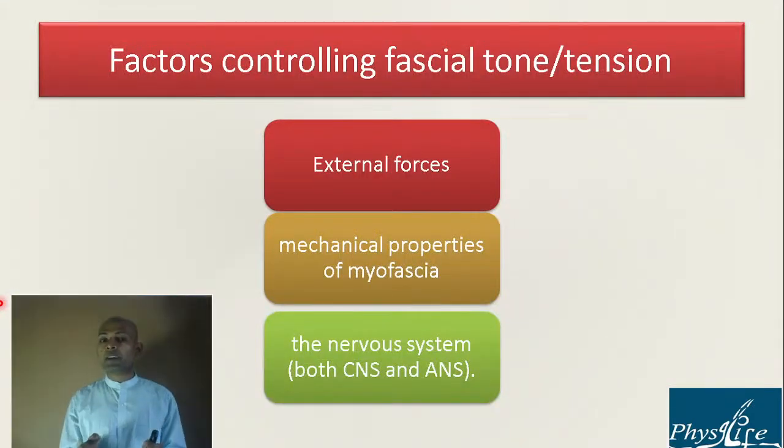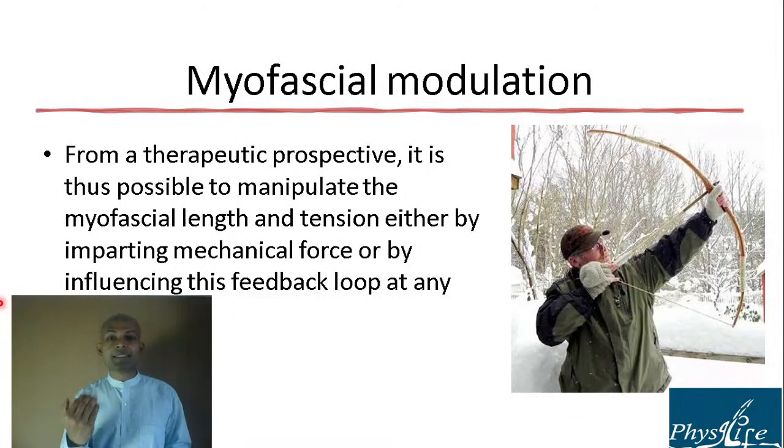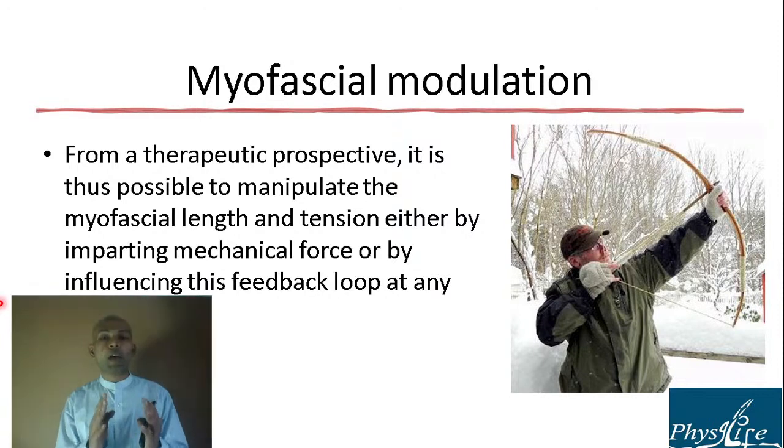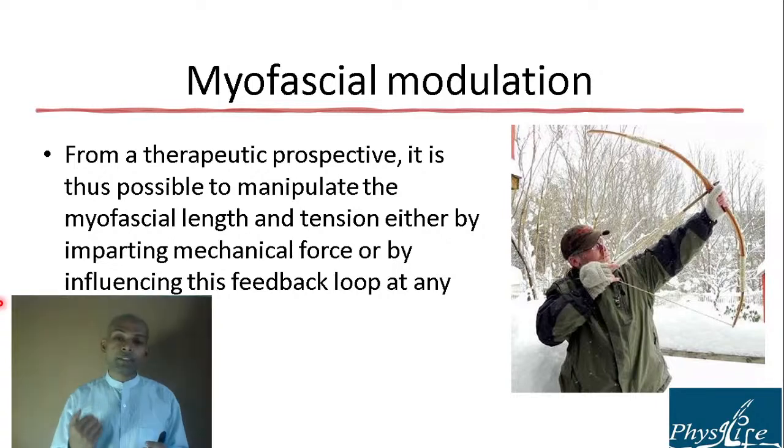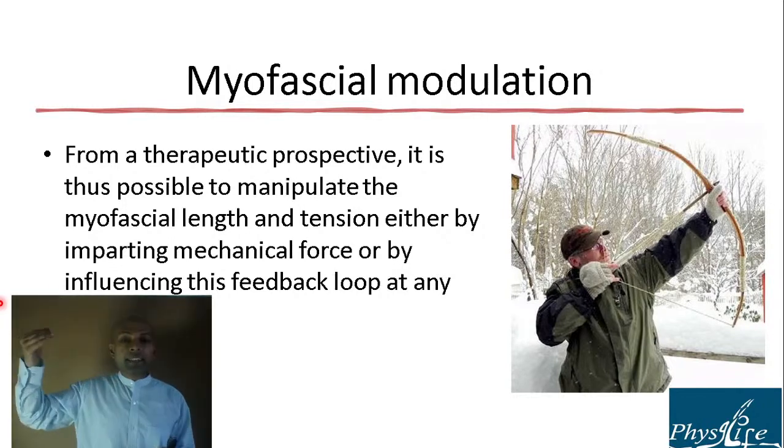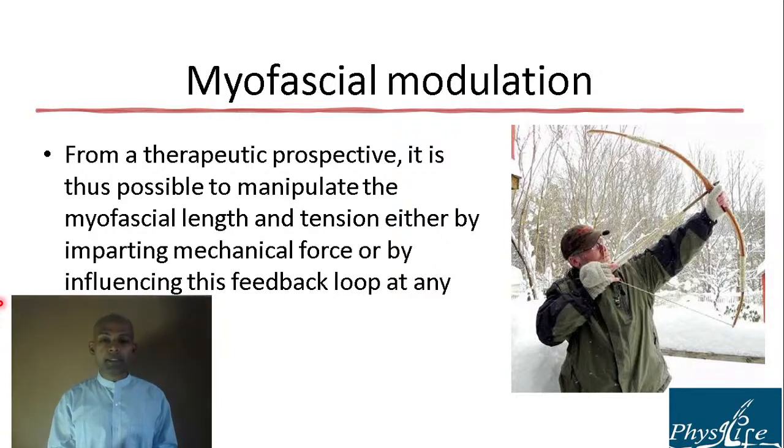One side is the mechanical properties of myofascia, where you can lengthen, and the other is the nervous property, where you can either tune up the nerve stimulation or the afferent stimulation to the myofascia, to improve the firing of the muscle or myofascia as a whole, or you can tune down and reduce the firing of the muscle.